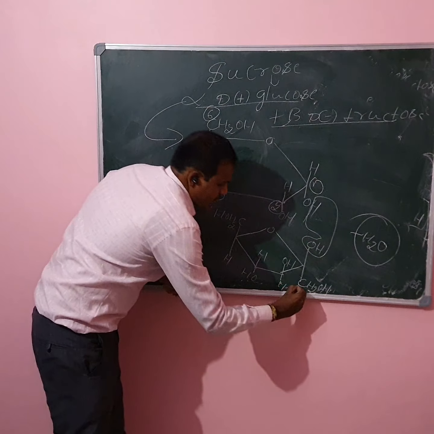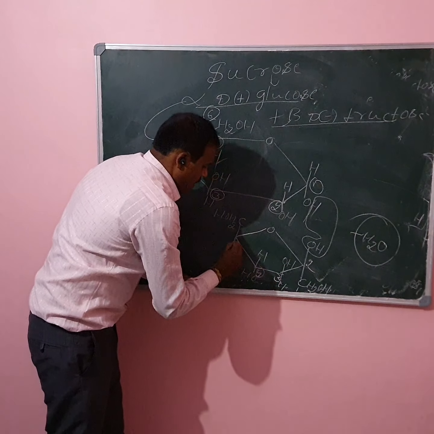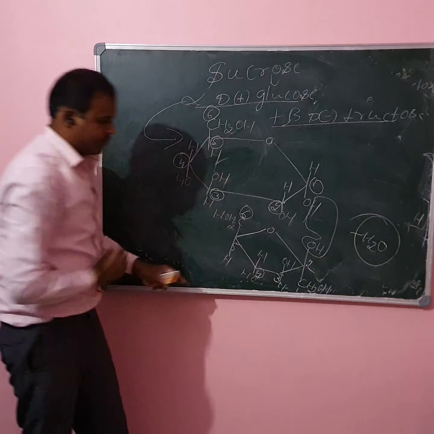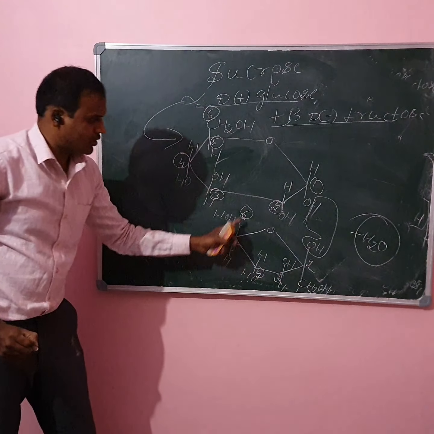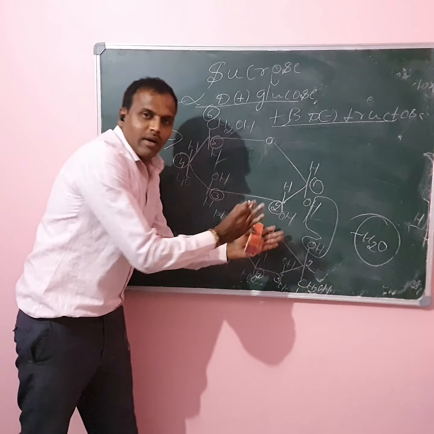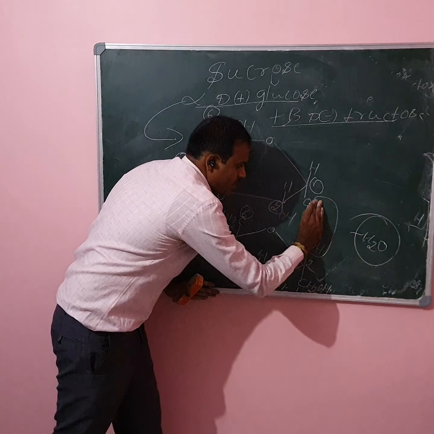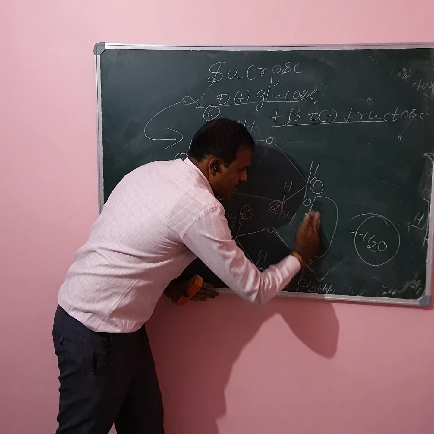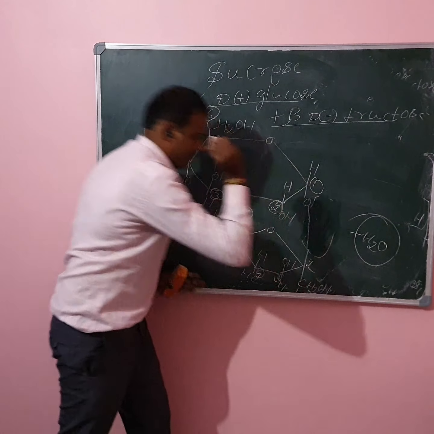Observe the positions here: 1, 2, 3, 4, 5 and 6, and on the other ring also 1, 2, 3, 4, 5, 6. With the removal of H2O, this is the bond formation.